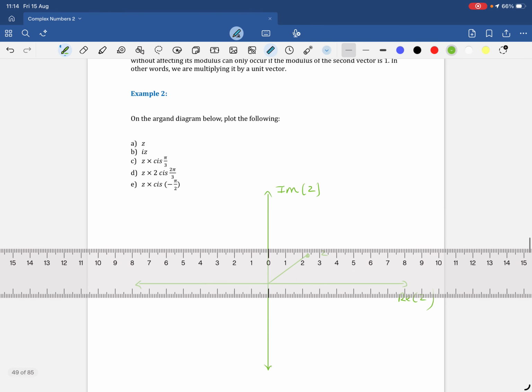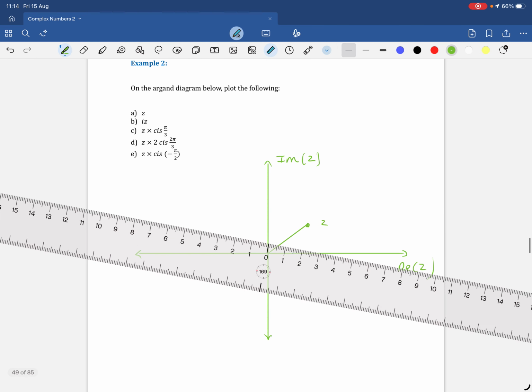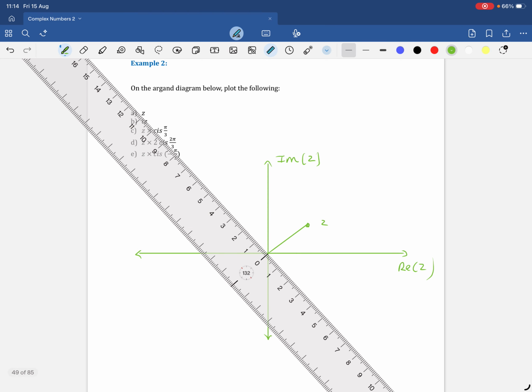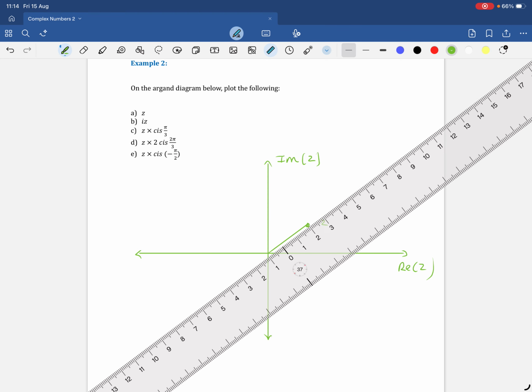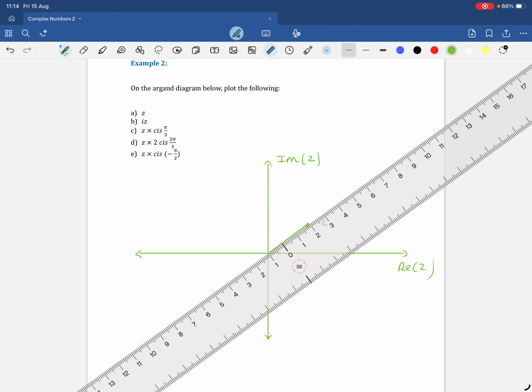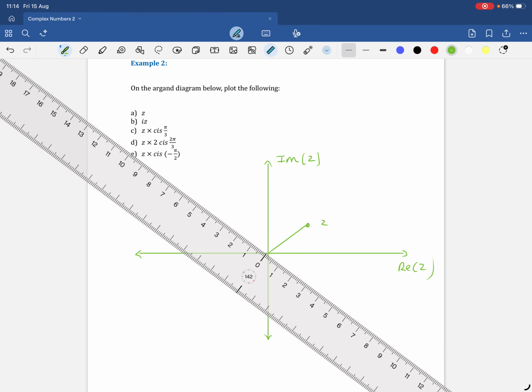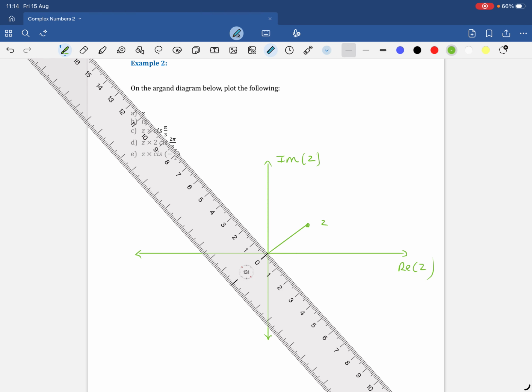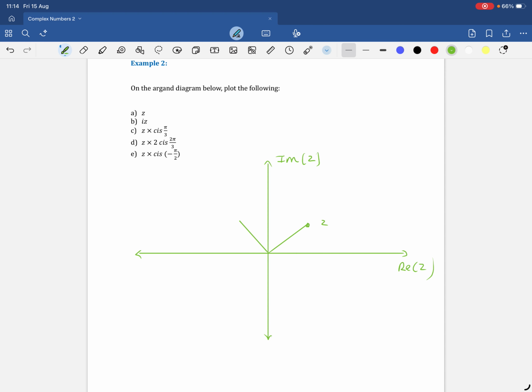We're rotating it by i, and i is a complex number with modulus 1, so it's not changing the modulus at all. So I'm just trying to get this at a right angle. That looks like that's going to be it. I'm going to do that there. And that's iz, and I'm going to put a right angle in there.